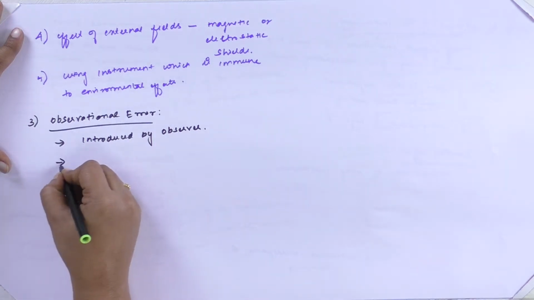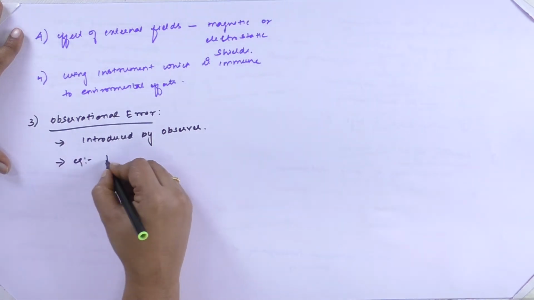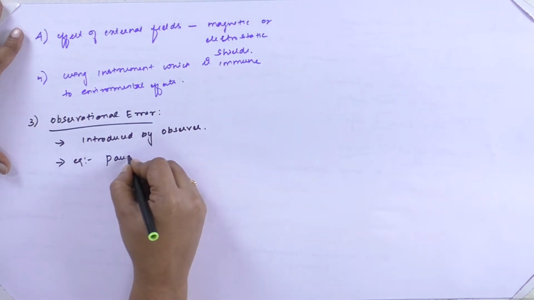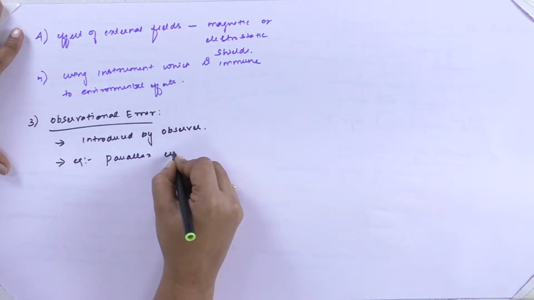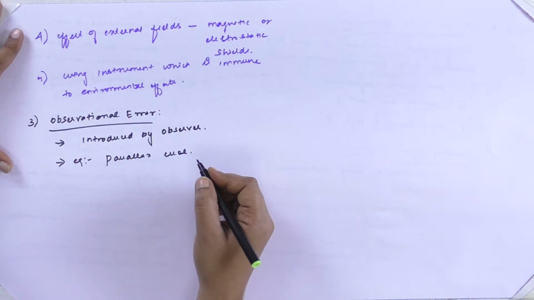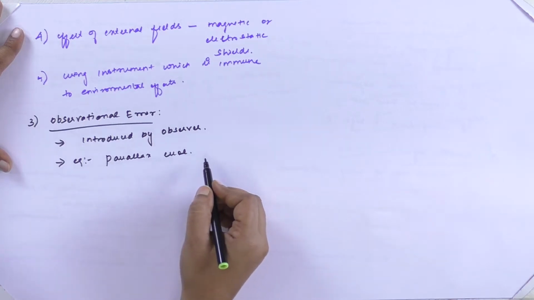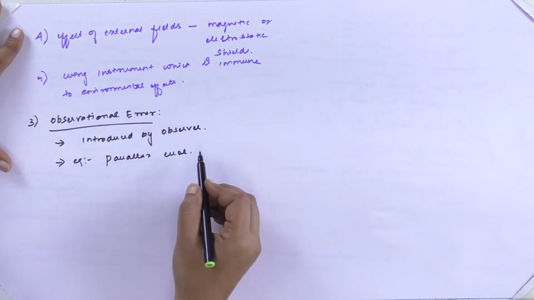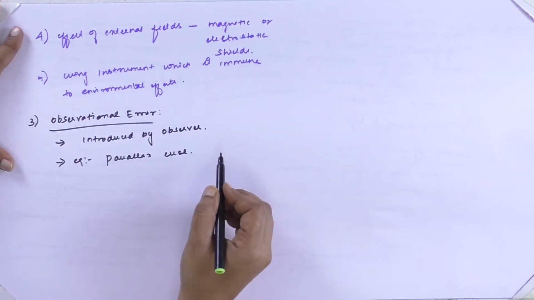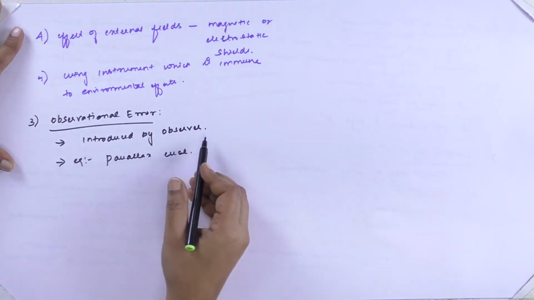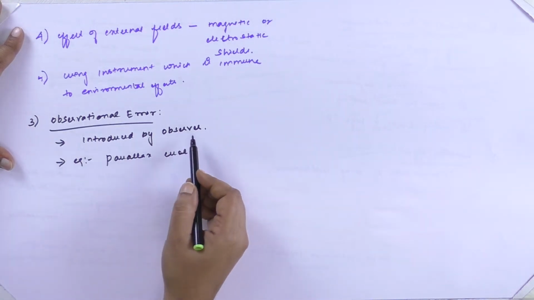An example for observational error is a well known error called parallax error, which occurs during the measurement. Also, while taking readings, the proper scale must be used, and the habits of the observer while taking readings must be changed in order to reduce this error due to the observer.